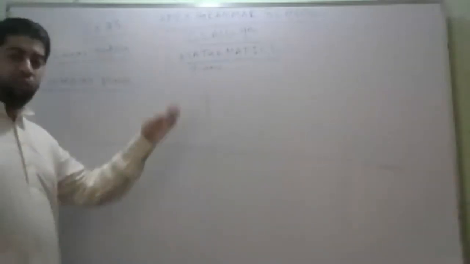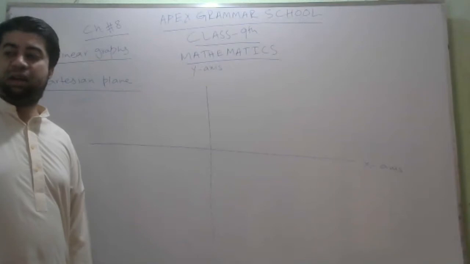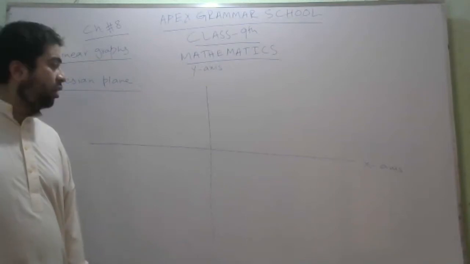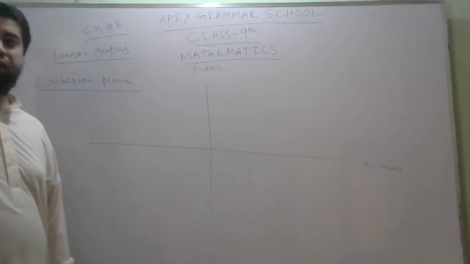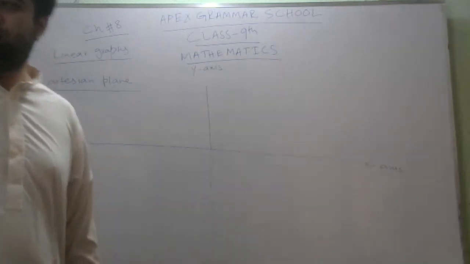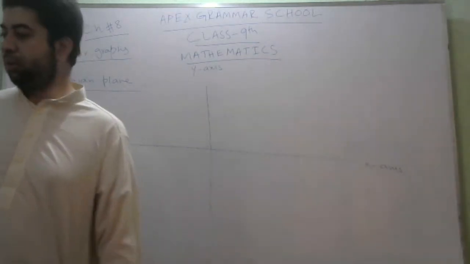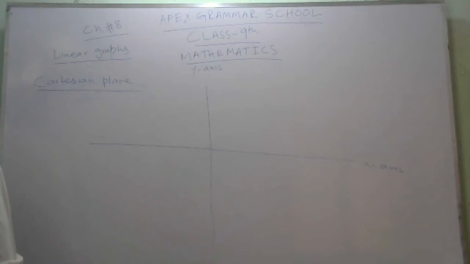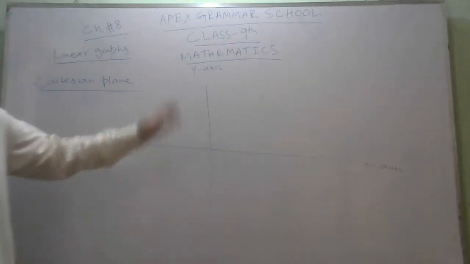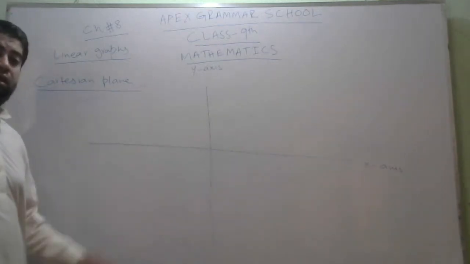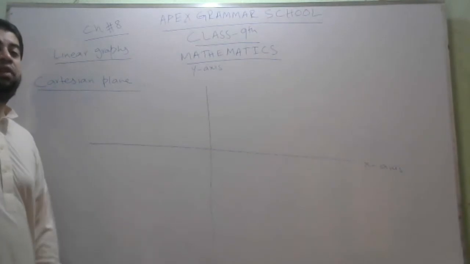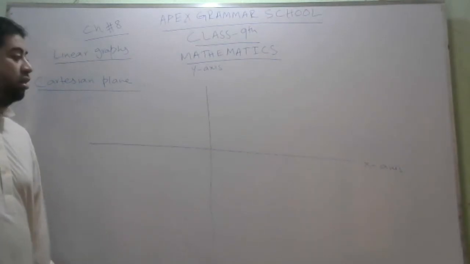This combination of both axes makes the Cartesian plane, through which we can easily draw graphs.